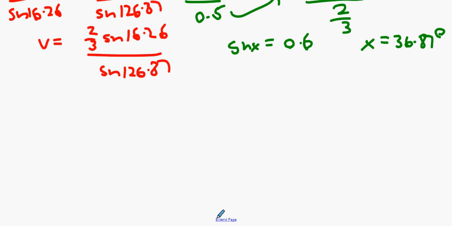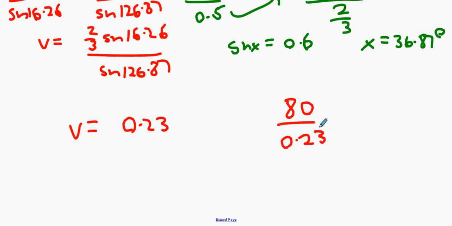I got 0.23 for V, and then it's going to be 80 divided by 0.23, and 80 divided by 0.23 is 347.82 or 83, and then change that into minutes and seconds. Press the button here. So 5 minutes and 47 seconds, is it?